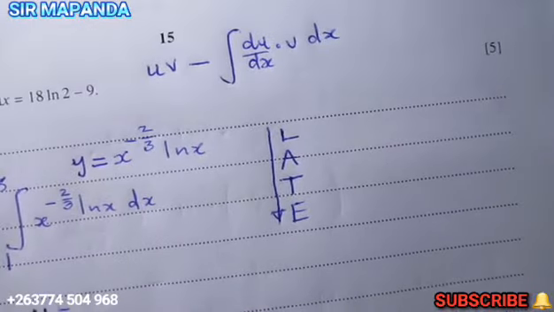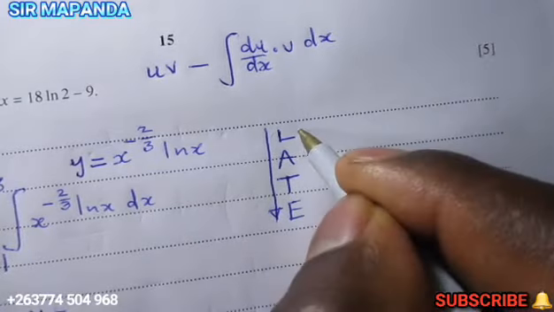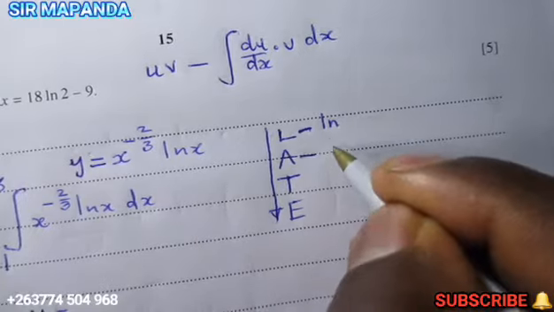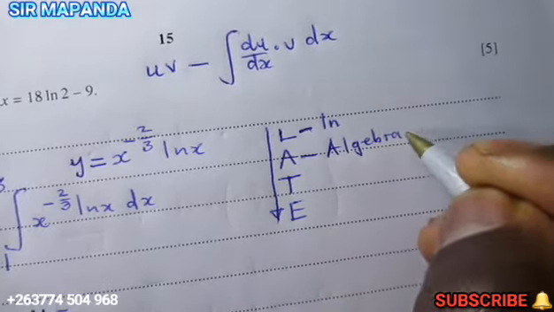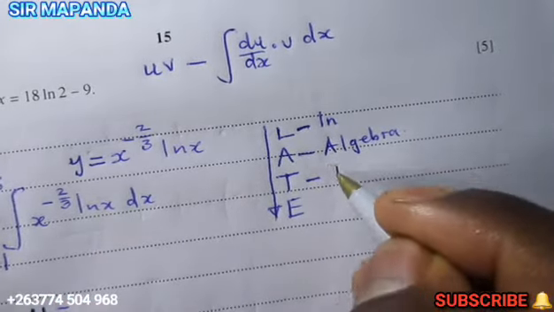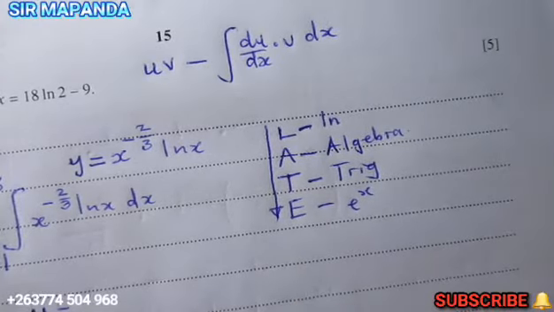So to identify the u, you make use of the LATE order, where L represents logs, it's ln, A represents the algebraic expressions. In this case, our algebra is x to the power of minus 2/3. T stands for trig ratios. E stands for exponential, right?